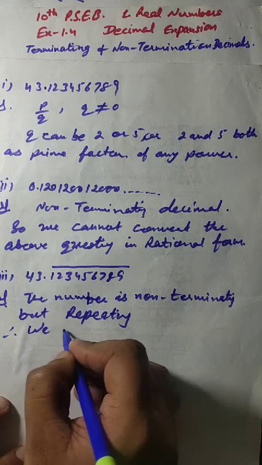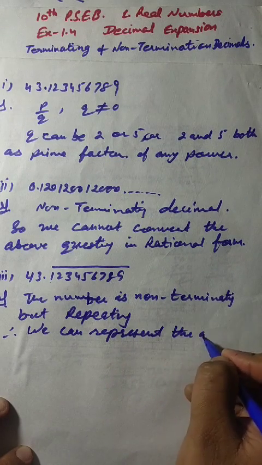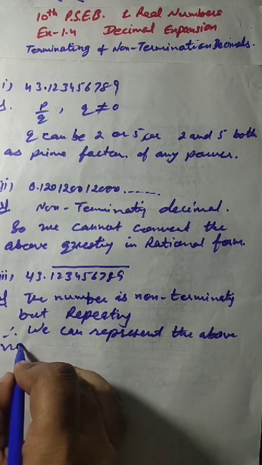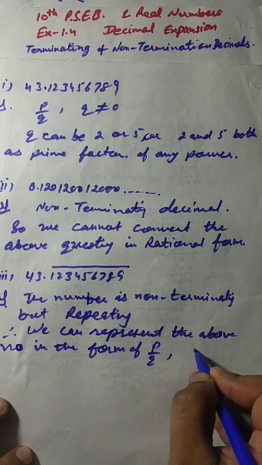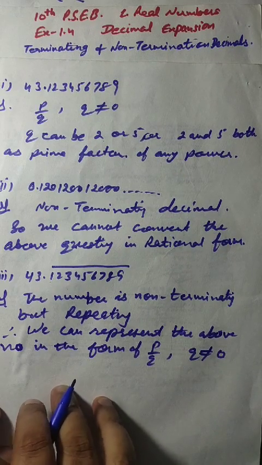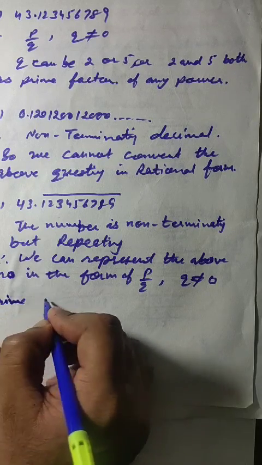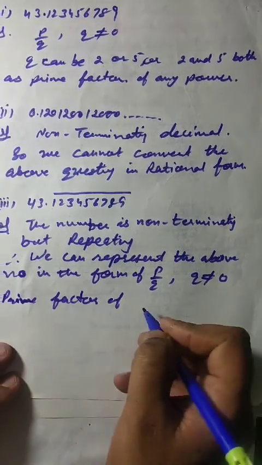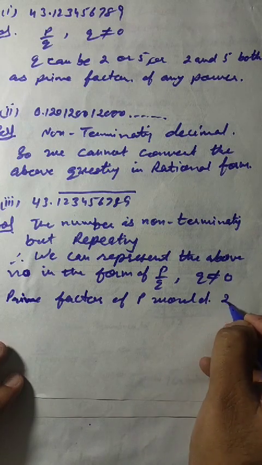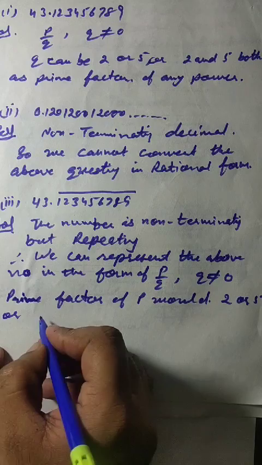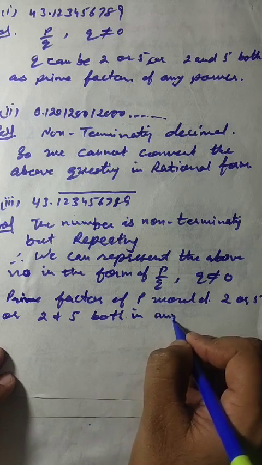Therefore we can represent the above number in the form of p by q, where q is not equal to 0, with prime factors 2 or 5 or 2 and 5 both in any power.